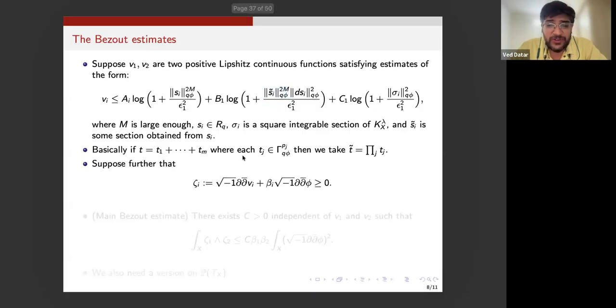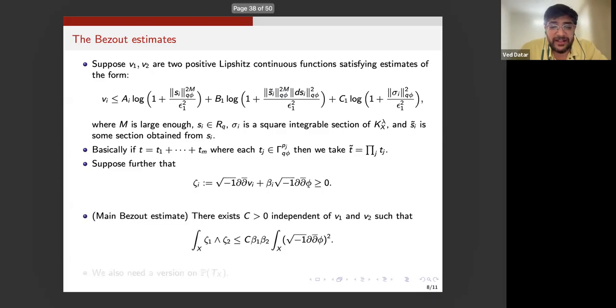So suppose further that the dd bars of the v_i's satisfy some positivity condition. Namely, if you define zeta_i to be dd bar of v_i plus beta_i times dd bar of phi, then that's non-negative for some positive beta_i.